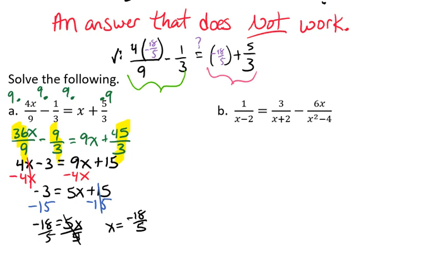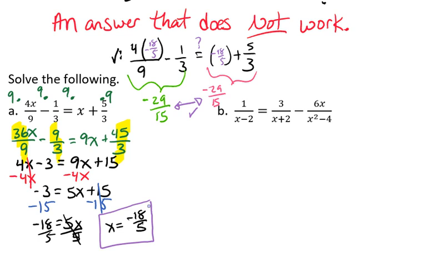When we plug those in, we get negative 29 over 15 on our left side, and negative 29 over 15 on the right side. When we compare them, we see that they are the same, meaning that x equals negative 18 over 5 is a solution, and it works.